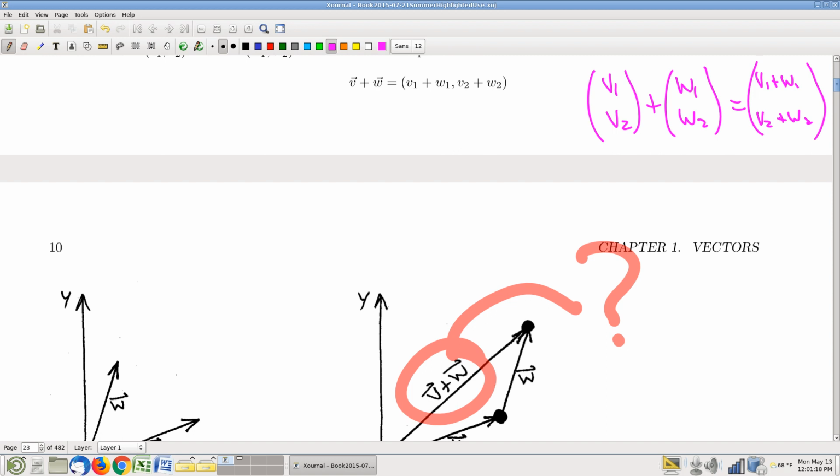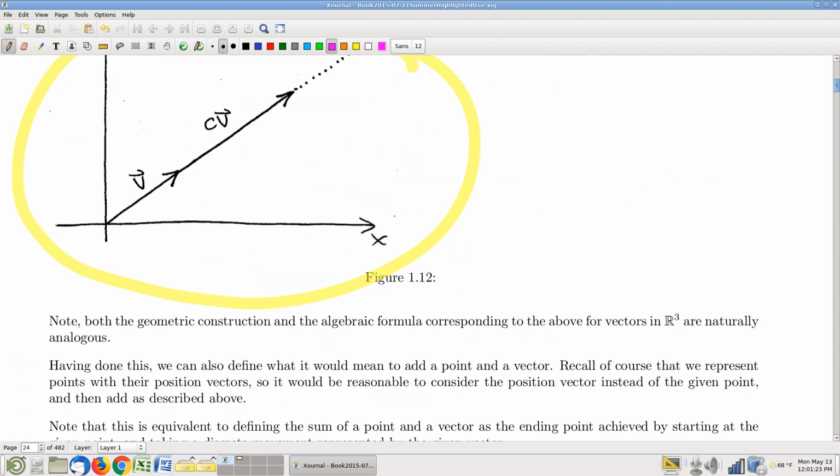Okay, all right, let's see here now. Real quick, a couple of other quickie ideas. How do you multiply a vector times a scalar? What should this mean? Again, you can write down formulas, but that's not why you do things. What should it mean to multiply a vector by a scalar?